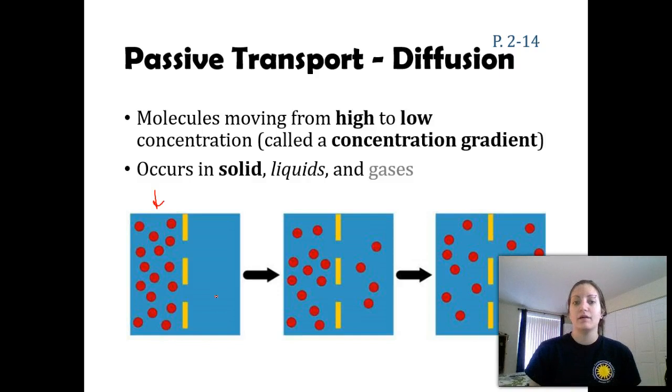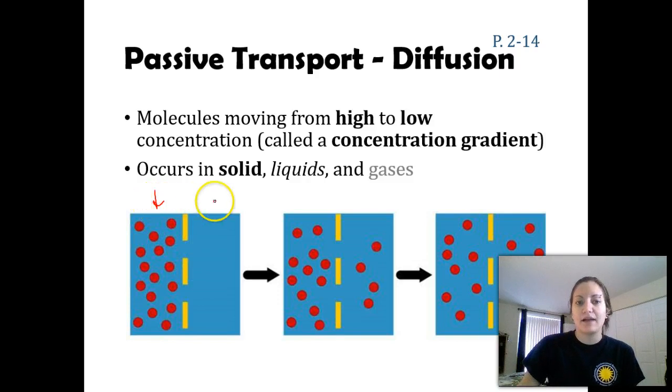Well, naturally, any kind of molecule, whether it's a solid, such as glucose, a liquid, such as water, or a gas, such as oxygen, is going to move from high concentration to low concentration. And it doesn't need energy to do that. It's fairly easy for it to do. Now, this difference in concentration is considered the concentration gradient.